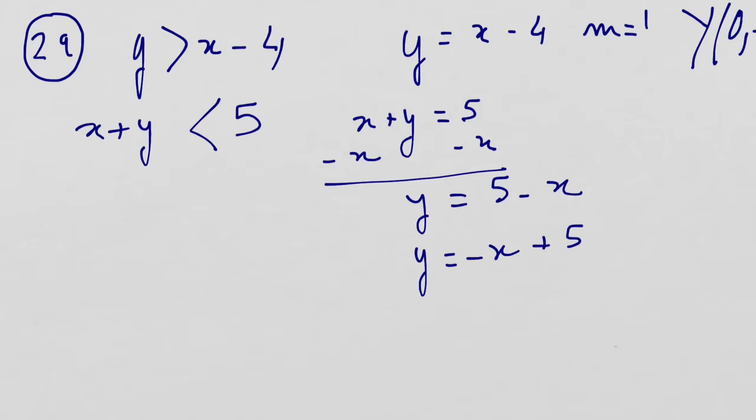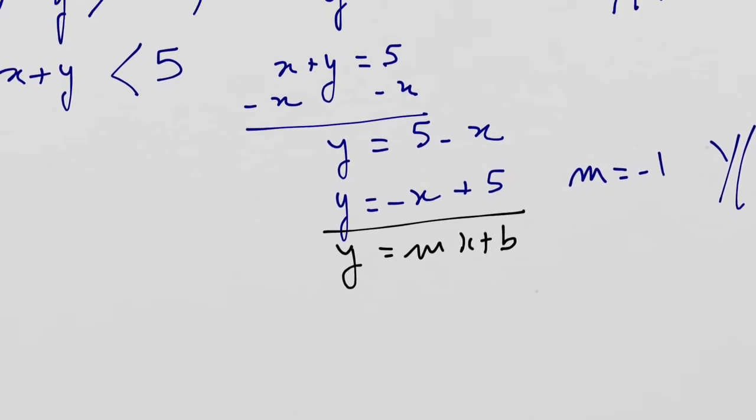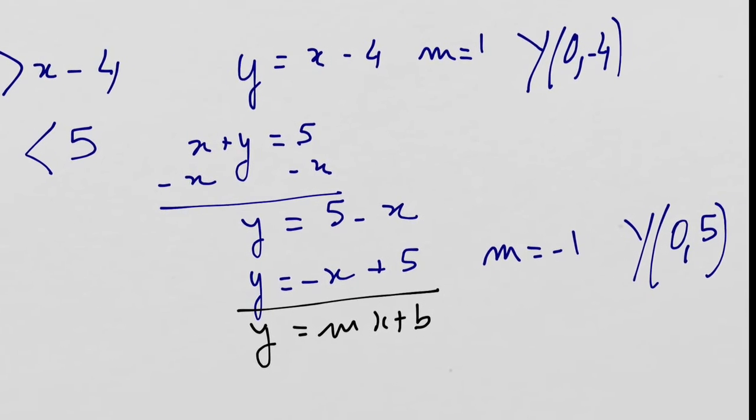Why do I want to have it this way? Because I'm looking for y equals mx plus b, just to remind you. In that case, I'm getting a slope equal to negative 1 and a y-intercept (0, 5). At the end of the day, I will have to graph both of these equations.